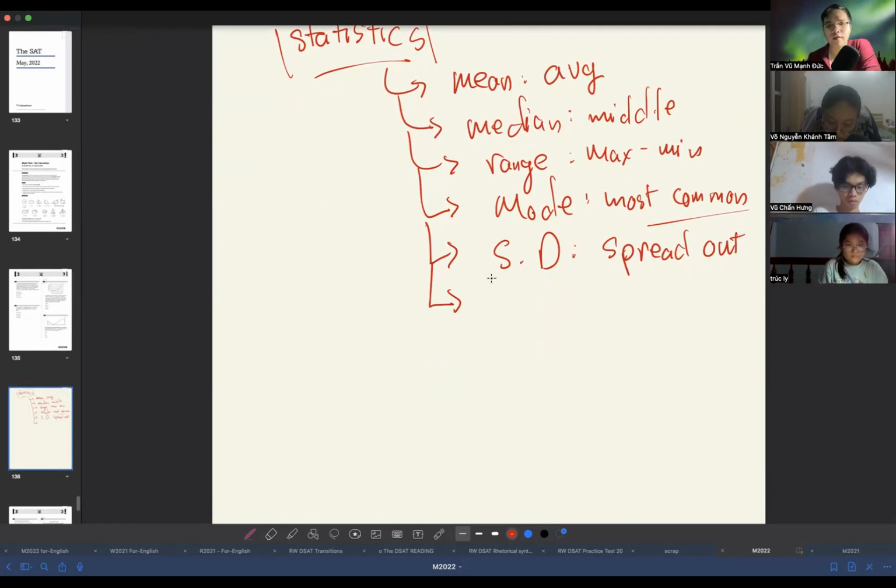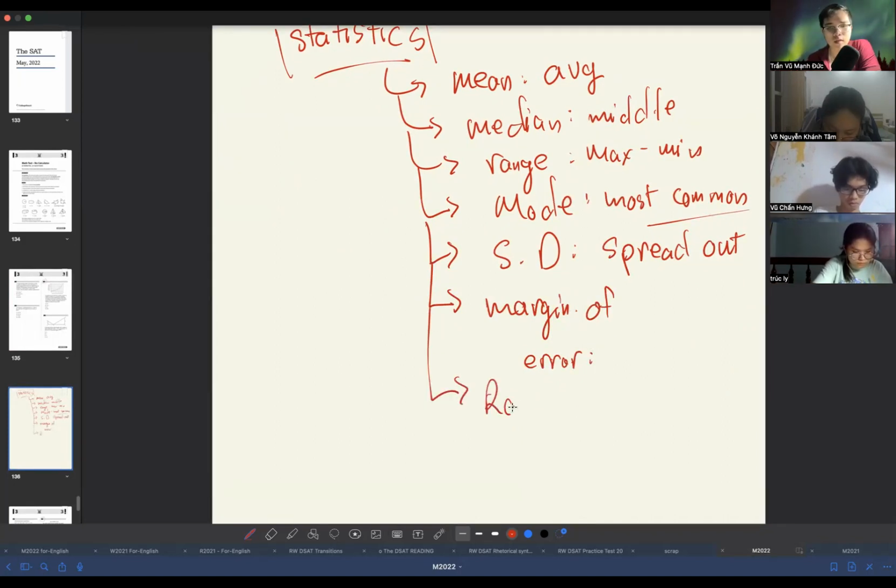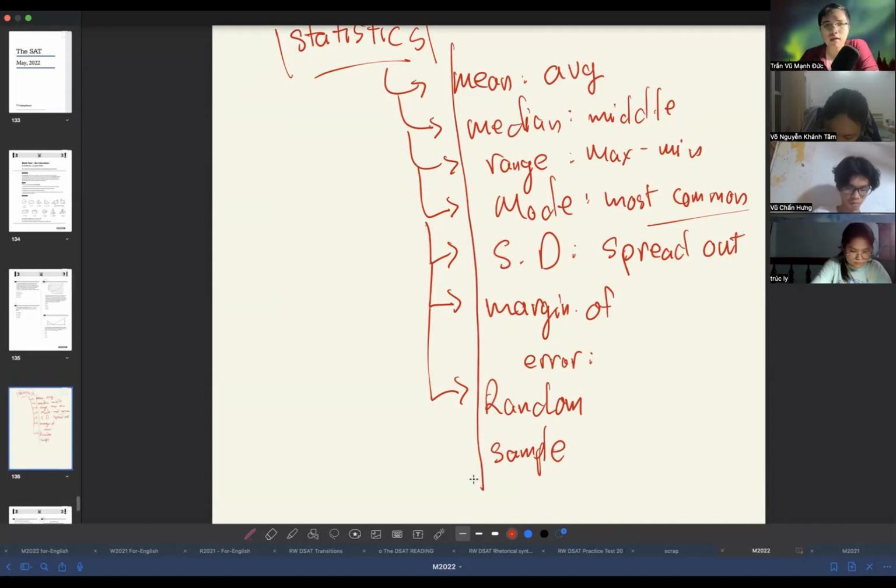What is it? Margin of error. That's pretty much it. And also, random sample. Okay, these will be everything that you're going to need to memorize when it comes to statistics.